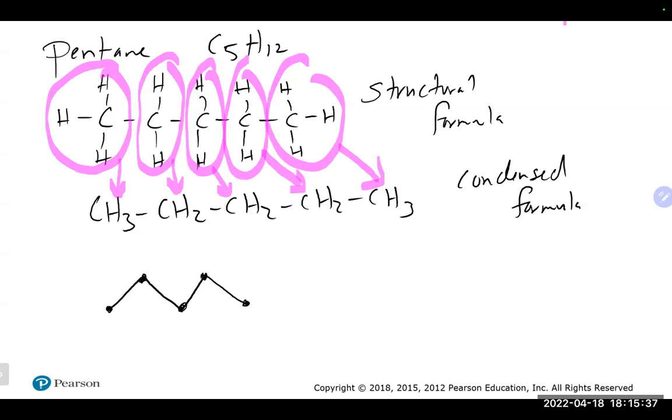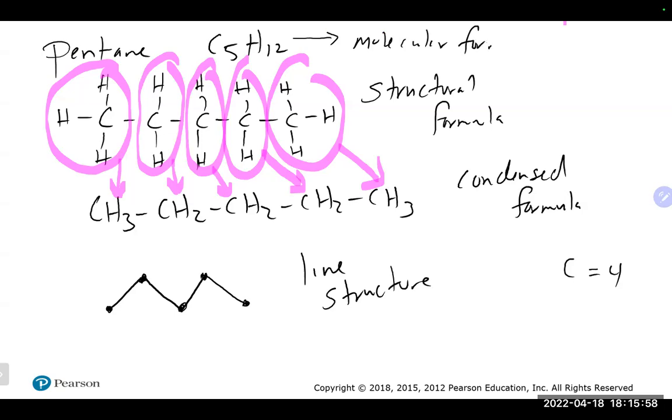And again, each of those carbons would be assumed to have the correct number of hydrogens to get carbon to its magic number of 4. So this would be our line structure. And just the molecular formula would be what we have right here. Any questions on any of those?